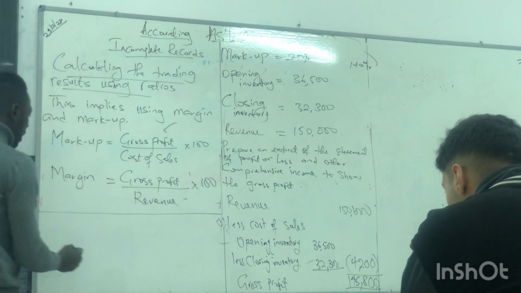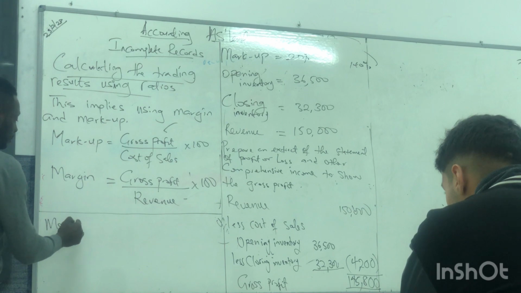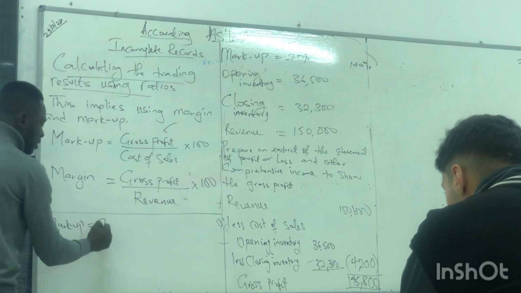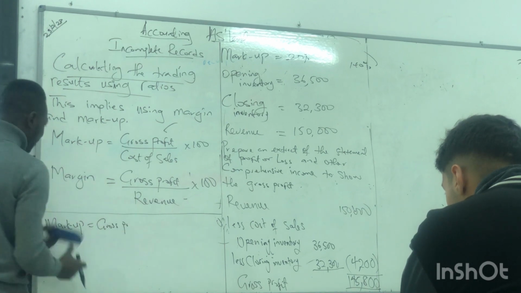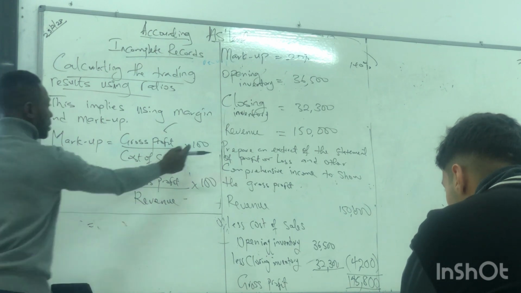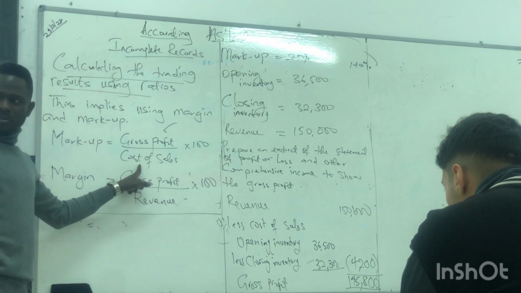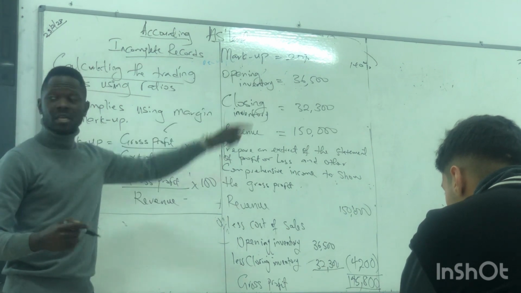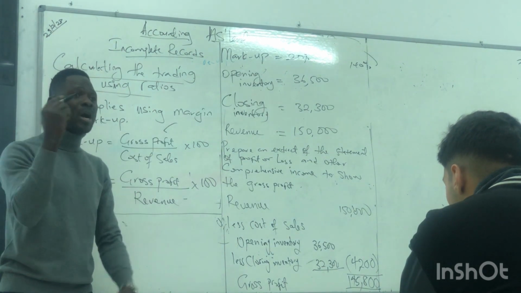So we'll go back to the markup. The formula for markup is gross profit multiplied by 100 divided by the cost of sales. But our markup here is 20%, so because it is markup, it becomes 120%.